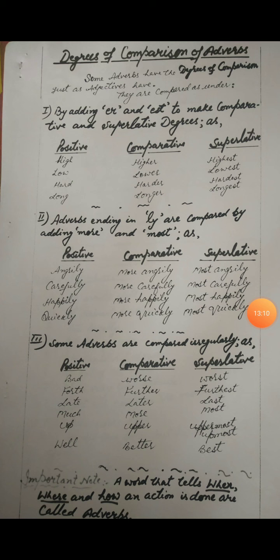Now we will discuss degrees of comparisons of adverbs. Some adverbs have the degrees of comparison just as adjectives have. They are compared as under, by adding er and est to make comparative and superlative degrees.